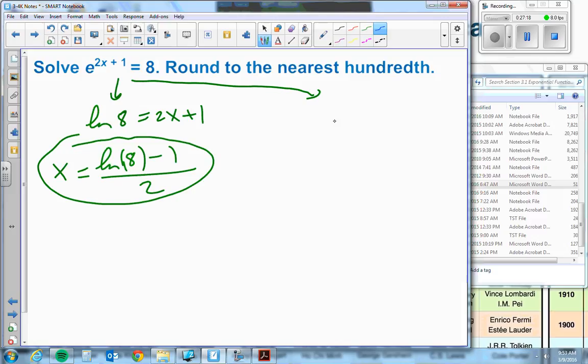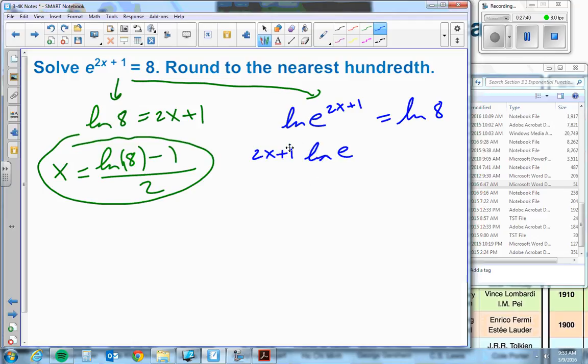The other approach would be to do natural log of both sides. Okay, here I'm going to take the same approach. There's a shortcut we can do, but first, let me just move the exponent out in front. So 2x plus 1 moves out in front, and then you're left with the natural log of e sitting there.